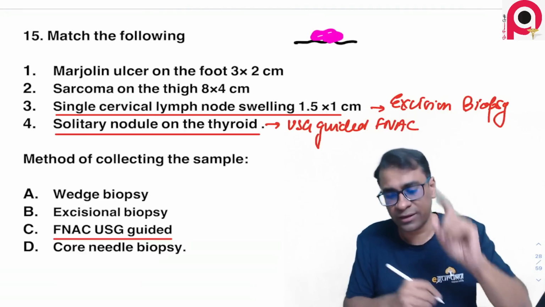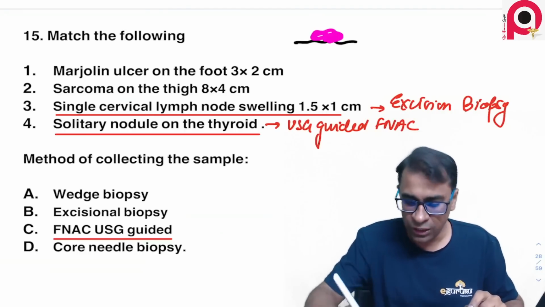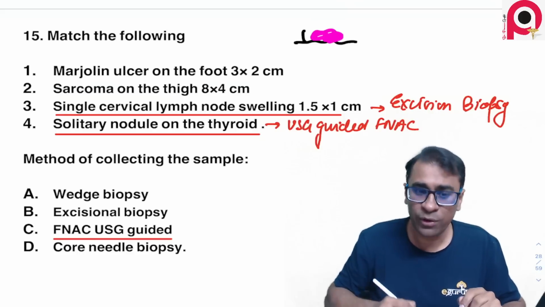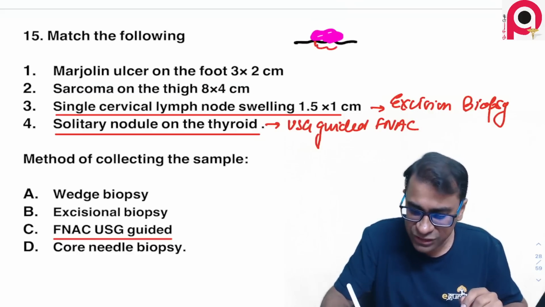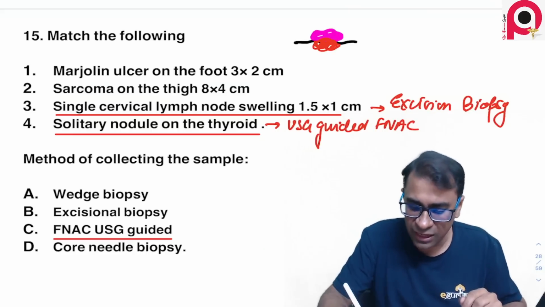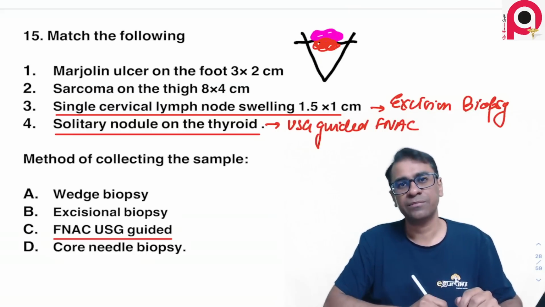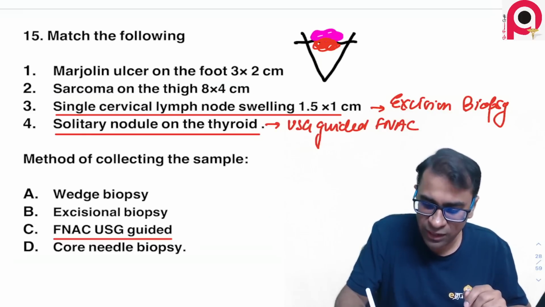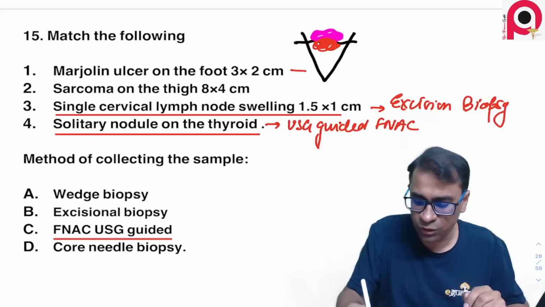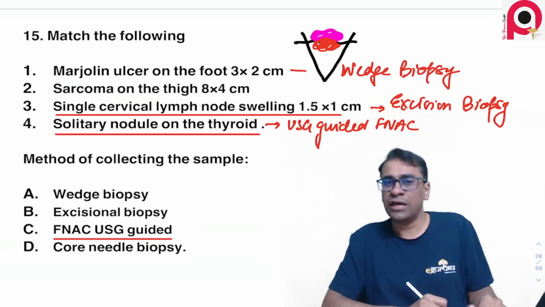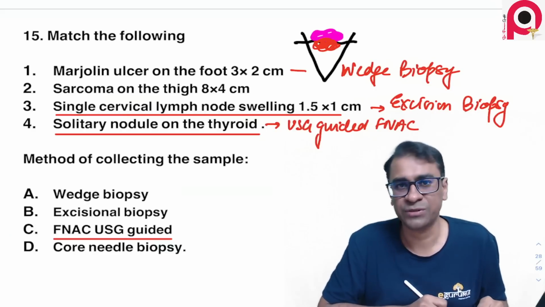You can cut it out like this, but how will you know how deep the lesion is? To know how deep the lesion is, you have to take a wedge biopsy. Understood? So for a marjolin ulcer, you take what is called a wedge biopsy, because it can progress to squamous cell carcinoma.